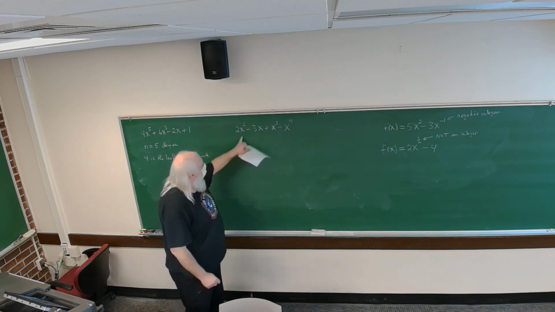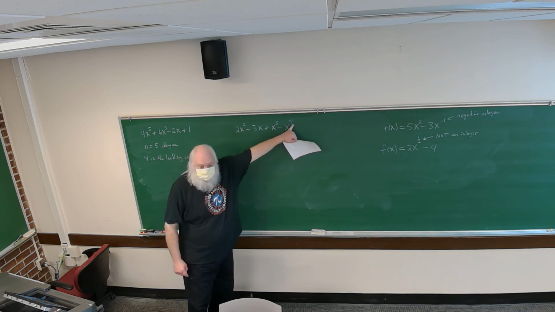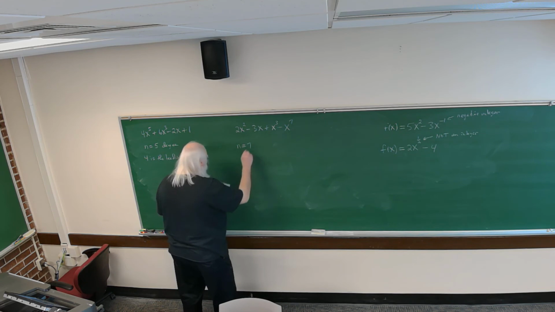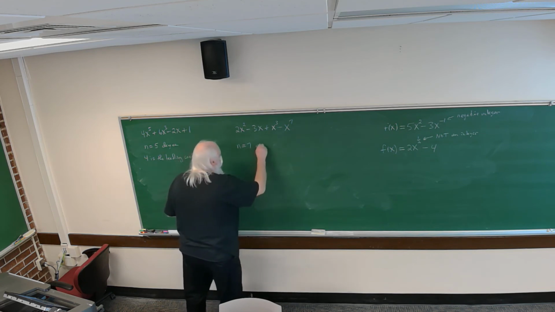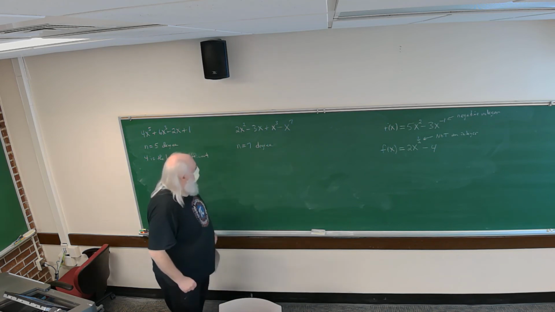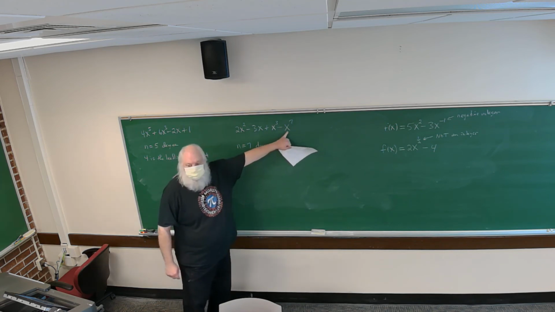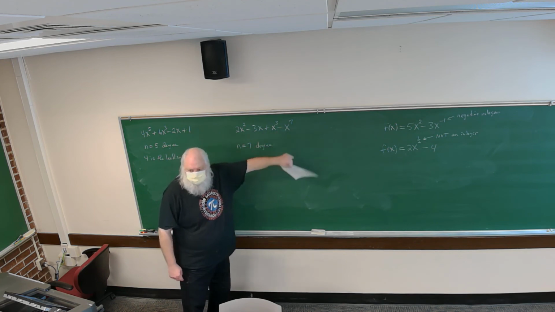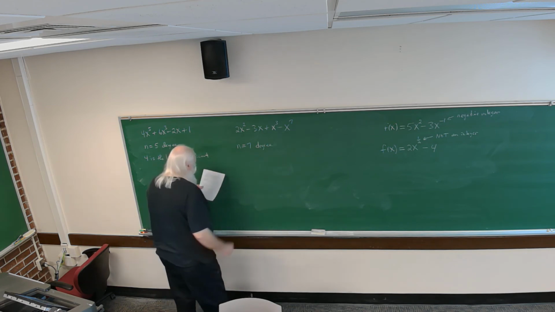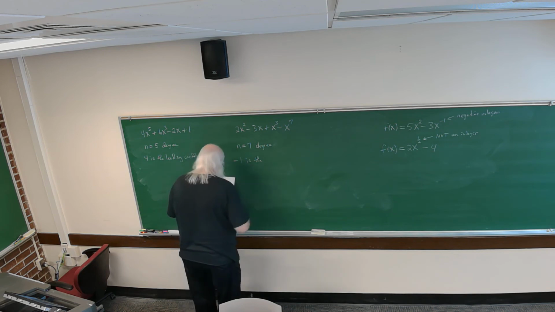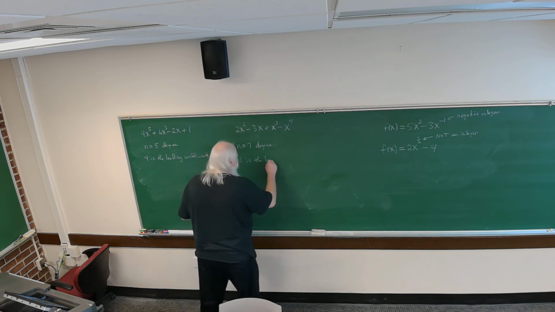The largest power of x in this example is 7, so n equals 7 is the degree of this polynomial. And the leading coefficient is the number in front of x to the 7th. This minus sign is actually a -1, so this is -1 times x to the 7th. So -1 is the leading coefficient.